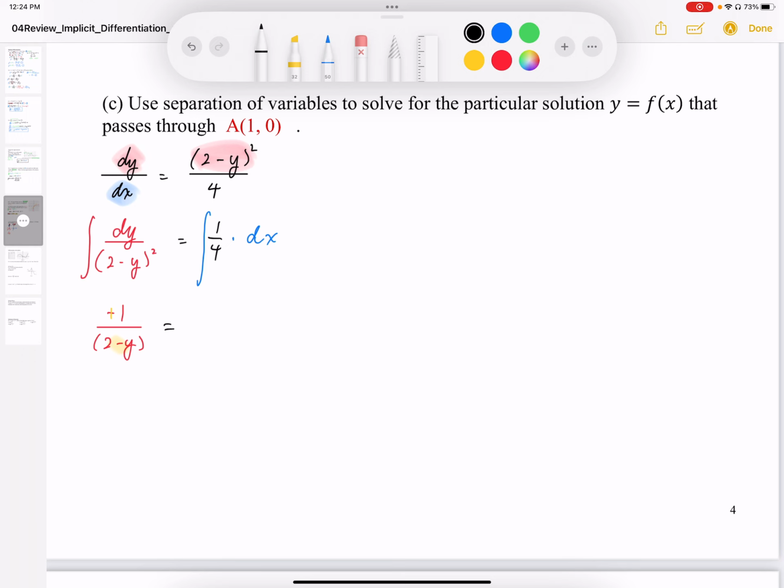On the right-hand side, I end up with 1 over 4 x, which means I'll put the x in the numerator, so x over 4, and then we have to also account for the plus c. Since we have a coordinate, x is 1, y is 0, I can plug that in. First, I'll clean this up: 1 over (2 minus y) is equal to x over 4 plus c.